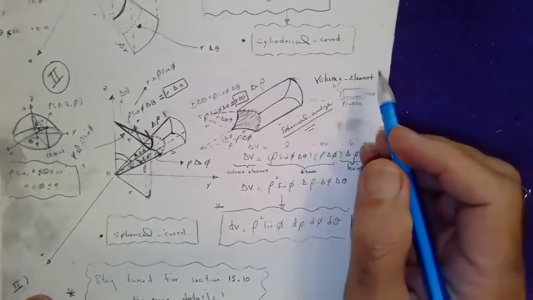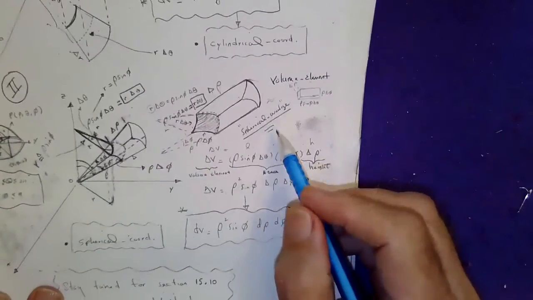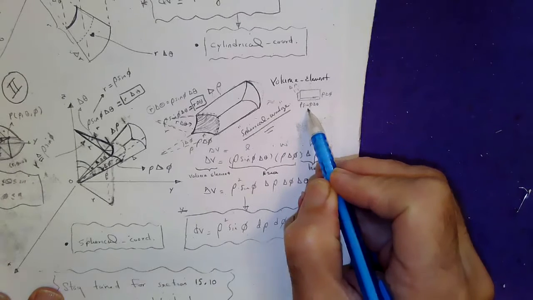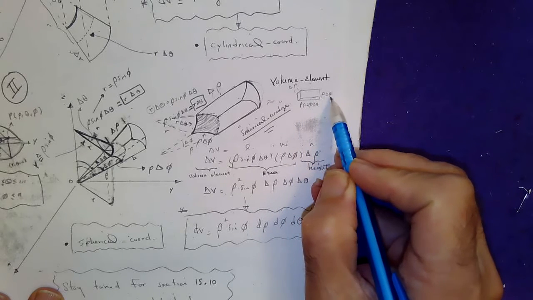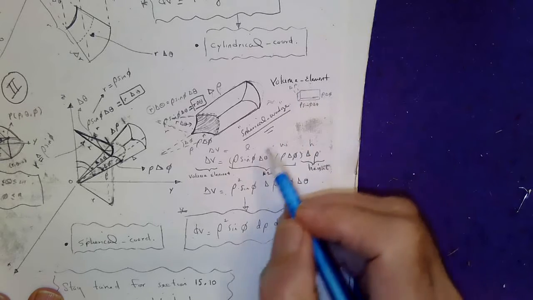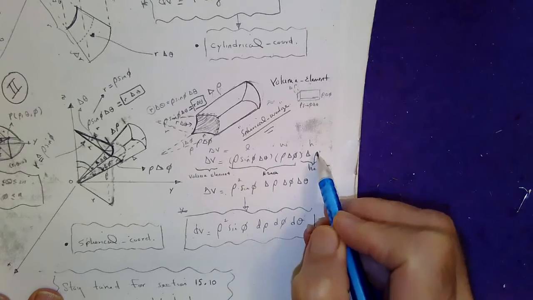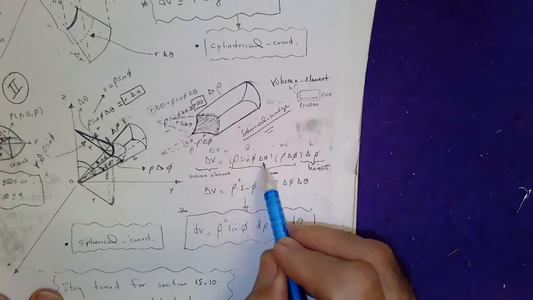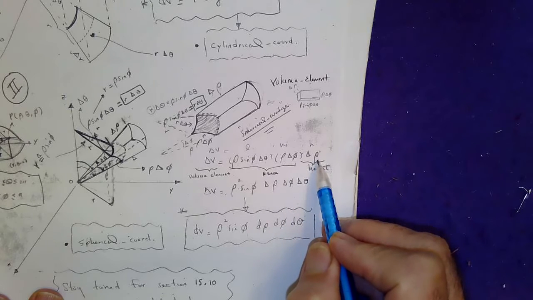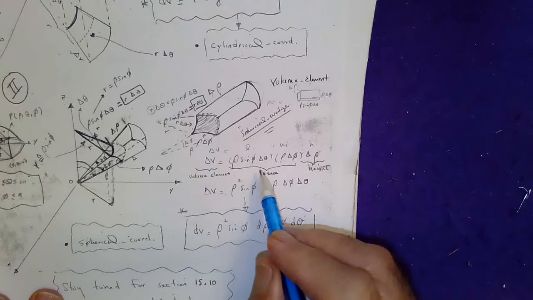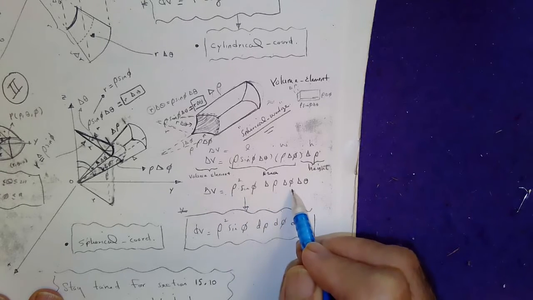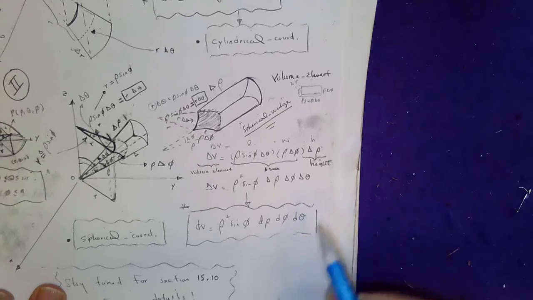Just like the previous coordinate system, you pretend this is a rectangle with a thickness. So the length is rho sine phi delta theta, the width is rho delta phi, and the thickness is delta rho. You multiply length by width by height, and you get rho sine phi delta theta times rho delta phi times delta rho, which gives you rho squared sine phi delta rho delta phi delta theta.